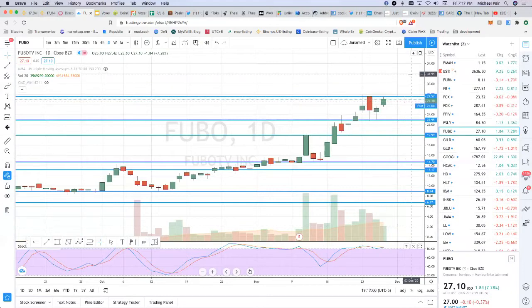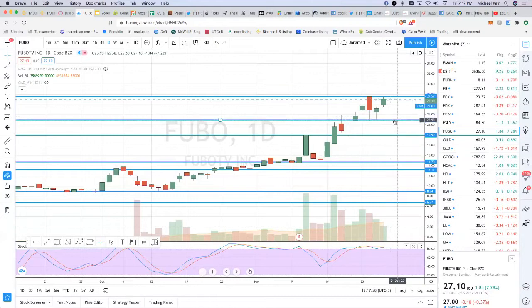So in this case, buying a portion of the position as opposed to buying all the time, it would hurt me if there's price appreciation. But by the same token, let's say FUBO went back down to the support level of 22.95, 23 area, then I would have saved myself some money there. So again, it just depends upon your style and how you want to do things. But this is what scaling into a position would be.